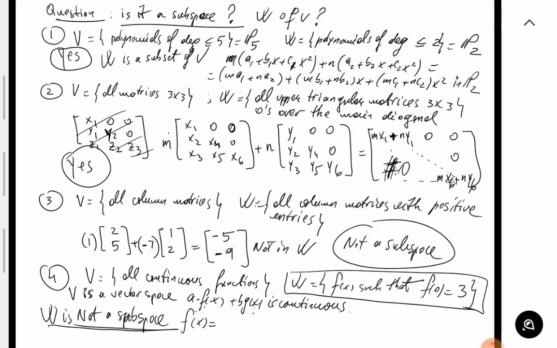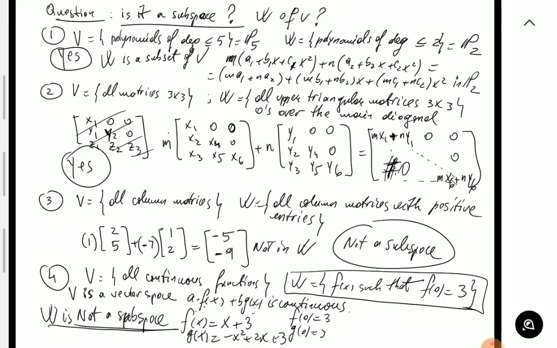So let's take two simple examples in which f of 0 equals 3. The easiest thing is to take a polynomial function. Let's say f of x equals x plus 3, and g of x equals minus x squared plus 2x plus 3. In both cases, f of 0 is 3 and g of 0 is 3.